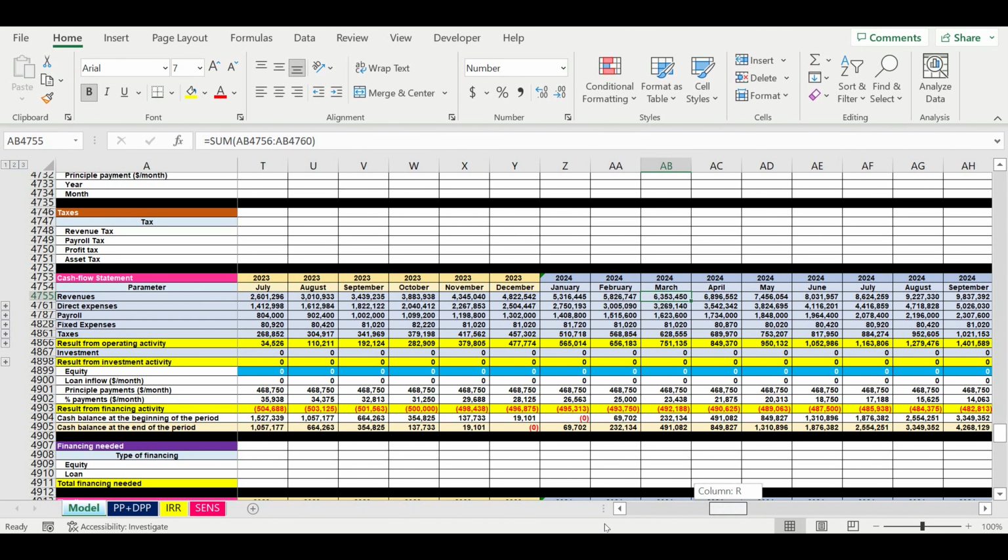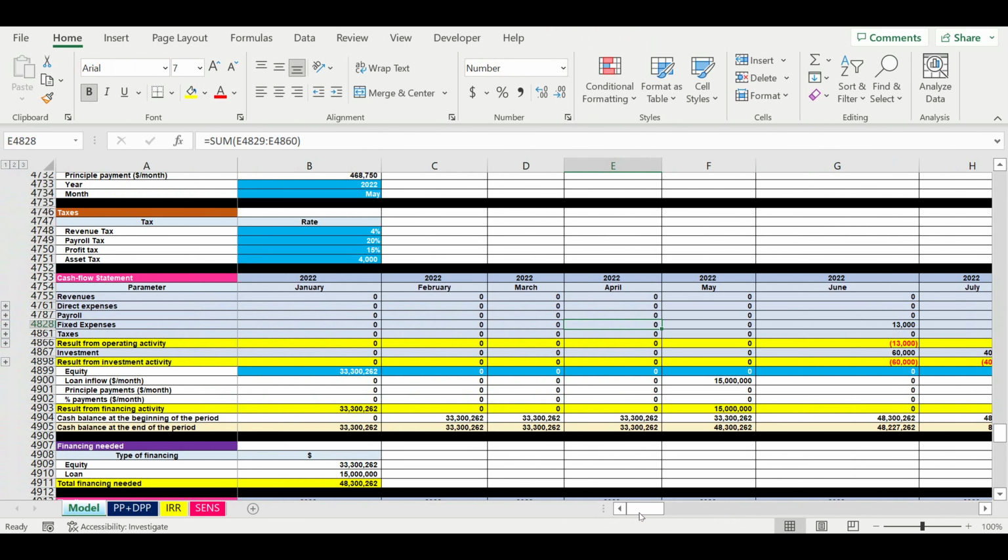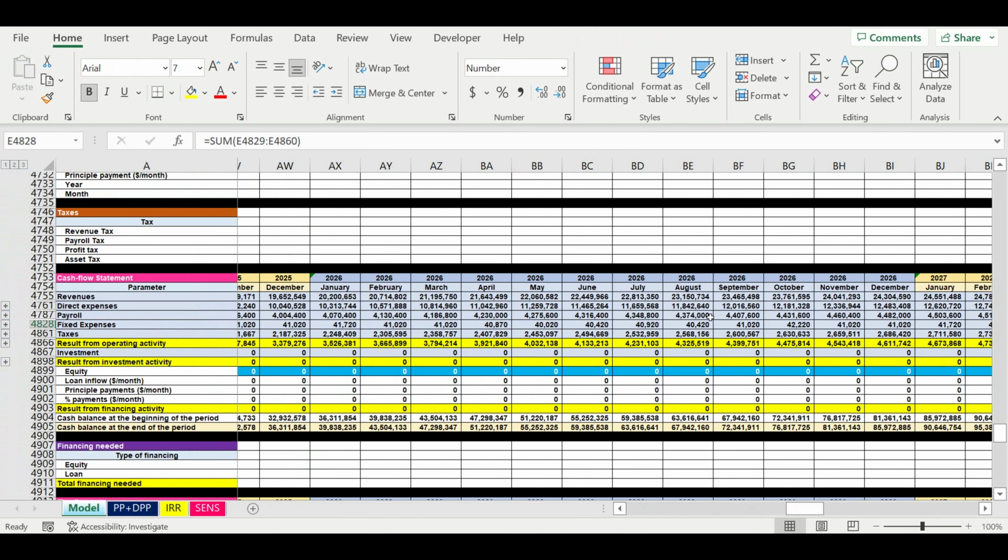Then some adjustments take place. The business owner looks at simple, discounted payback period, looks at financials, looks at the cash flow statement, what are the revenues, what are the profits, what is the cash balance generated by this or that moment inside the timeline.